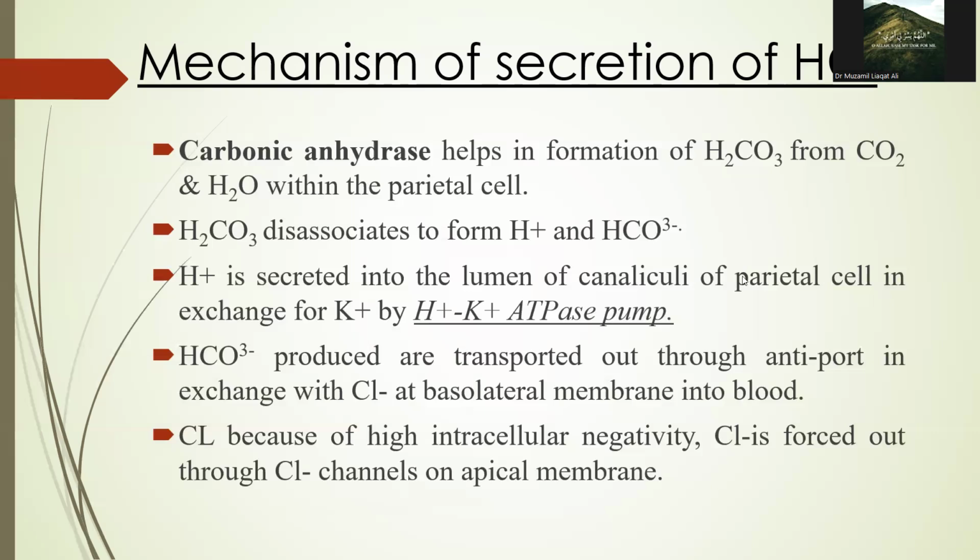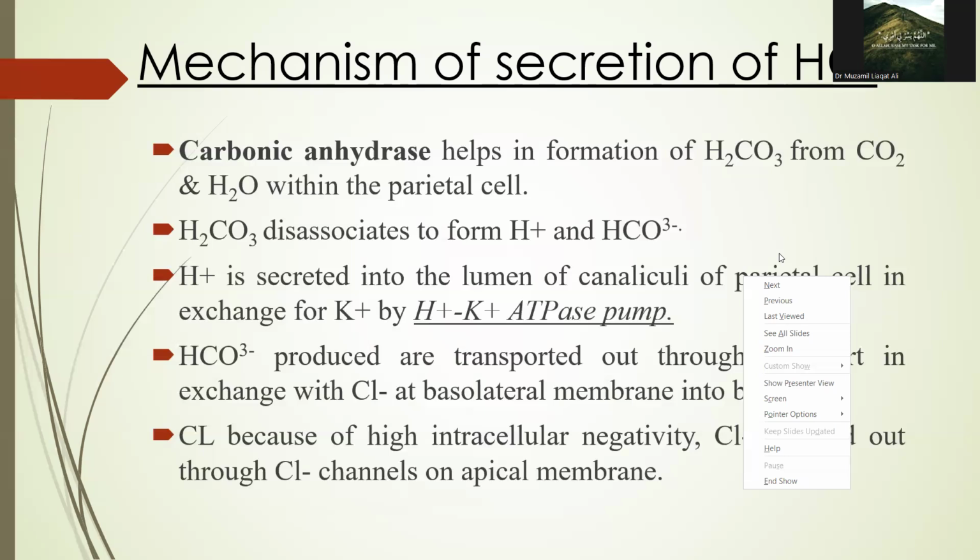Step number 5, chloride movement. Bicarbonate ions, produced by the dissociation of carbonic acid, leave the cell into the blood, and chloride enters. Then chloride diffuses into the lumen. And step number 6, the formation of HCl.